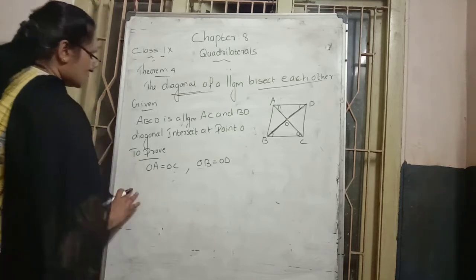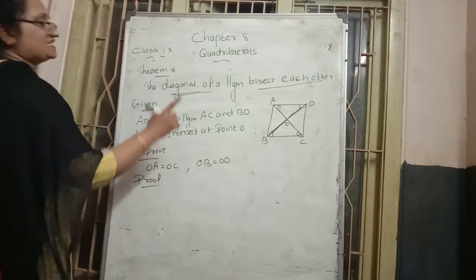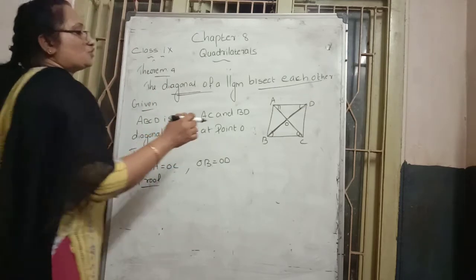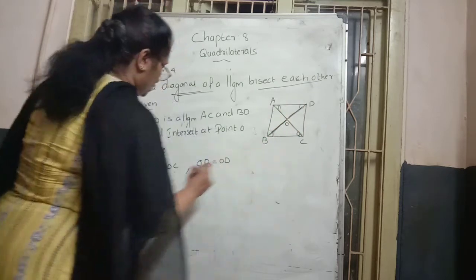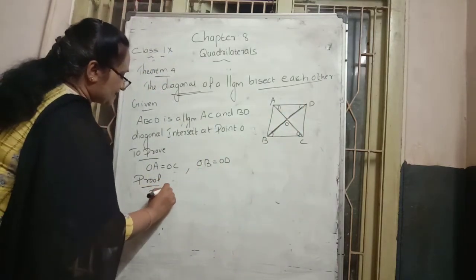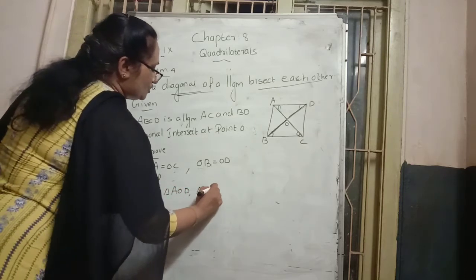Then next, the proof. How to prove that? First we consider two triangles in the parallelogram. Which are the two triangles? Triangle AOD and triangle BOC. First we consider triangle AOD, and second triangle BOC.